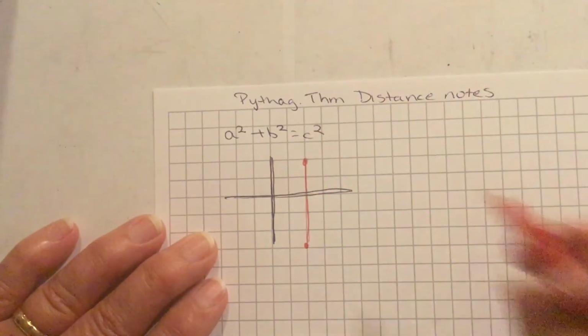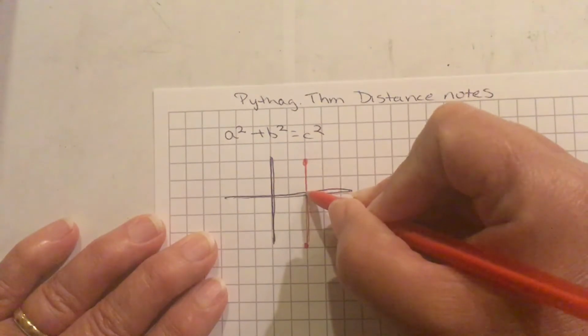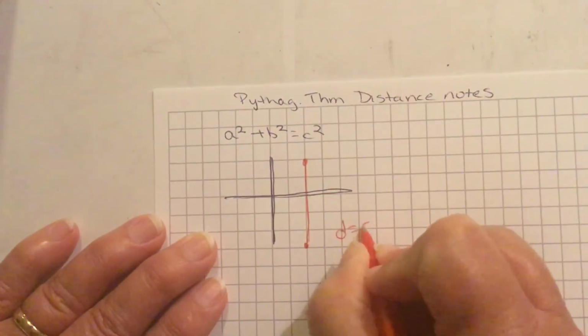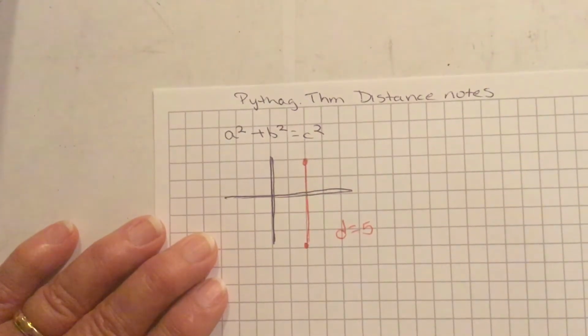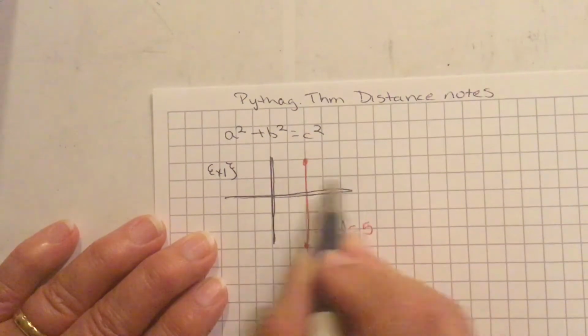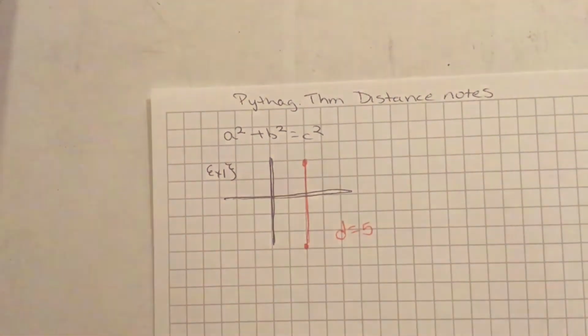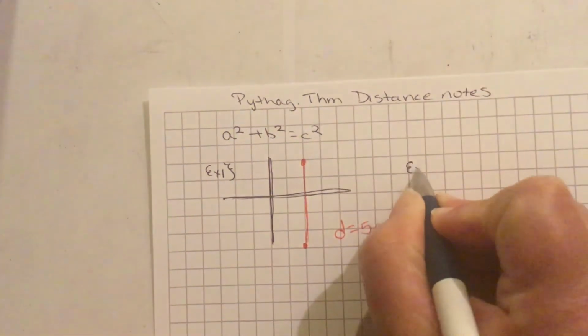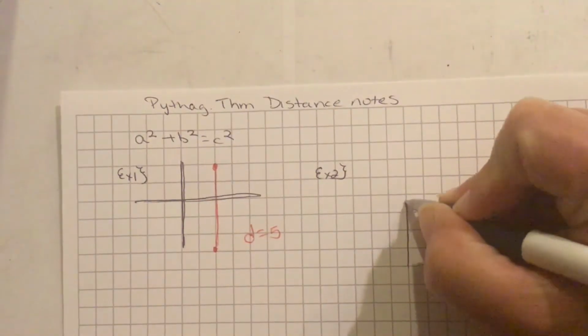You can just count it on the graph paper. 1, 2, 3, 4, 5. It has a distance of 5. Let's call that example 1. If there was a vertical line, the distance would be equally as easy to find. Again, you would just simply count the little grids. All right, but what do you do if they're not horizontal and vertical?